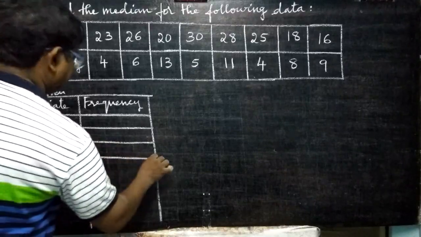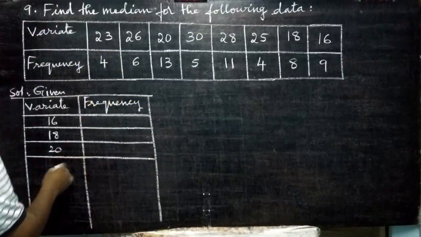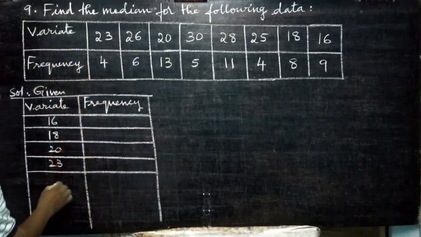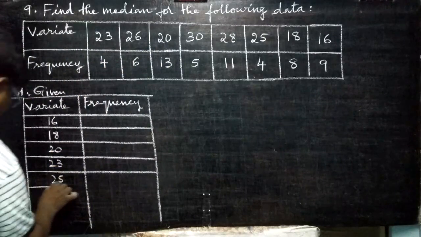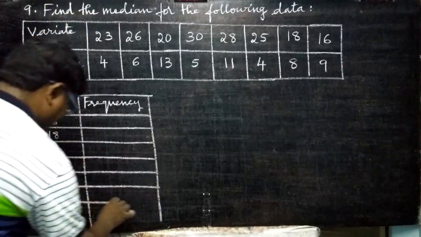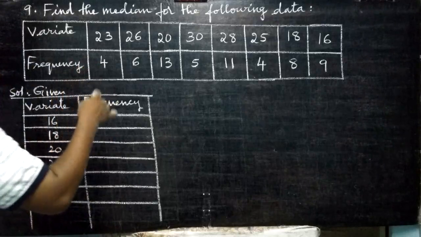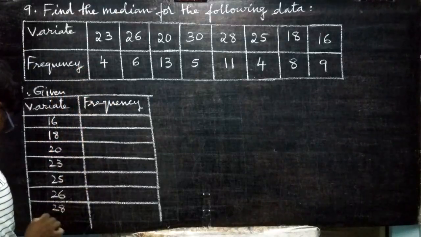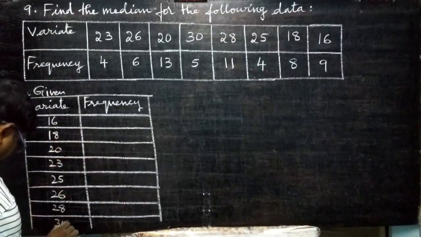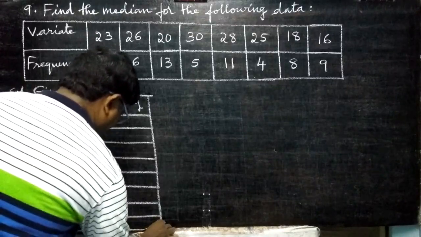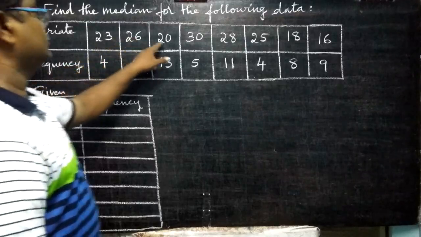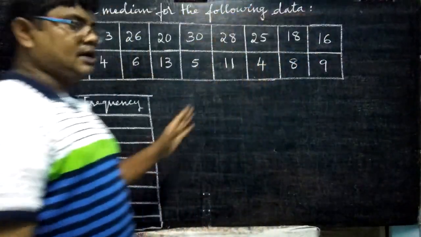After 20, 23. 23 after 25. 25 after 26. 26 after 28. 28 after 30. Now 1, 2, 3, 4, 5, 6, 7, 8. You have to count like cross checking.